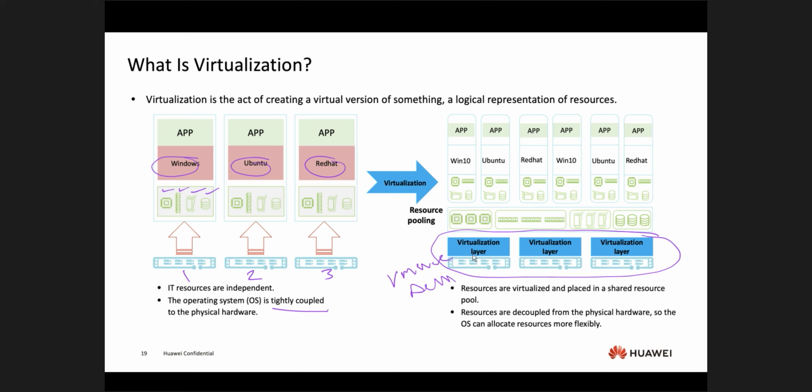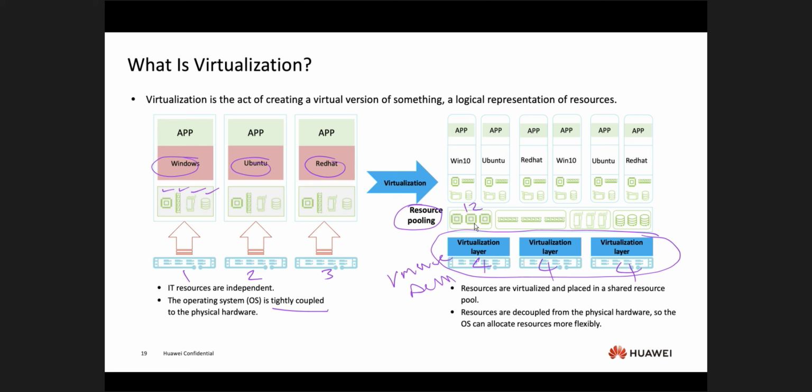Now, with regards to the virtualization layer, this is on top of the hardware. This is the layer that you see here. And on top of that, you have your resource pooling, which pulls all the resources together. So if you had, let's say, 4 CPUs here, 4 CPUs, 4 CPUs, it will tally up the total, and you would have 12 CPUs as part of your pool, instead of having only the 4 on that server.